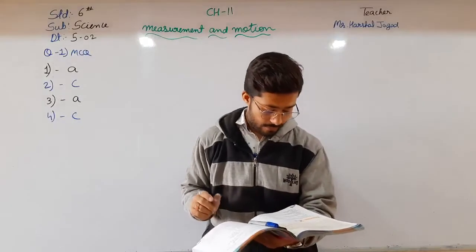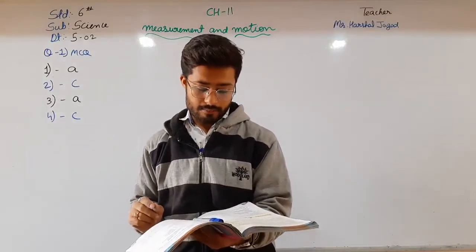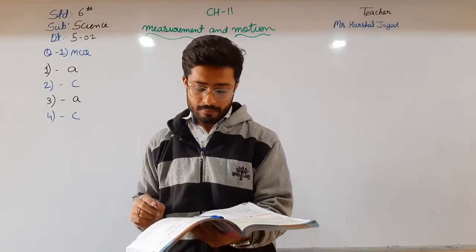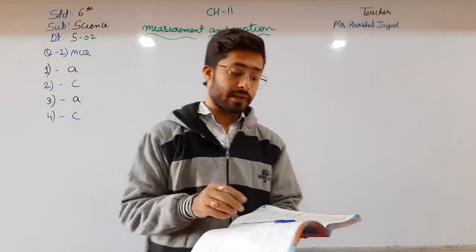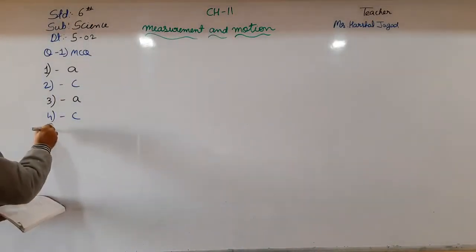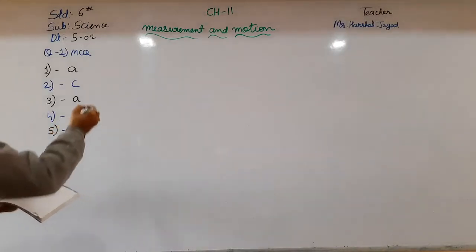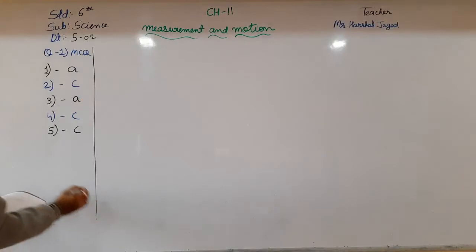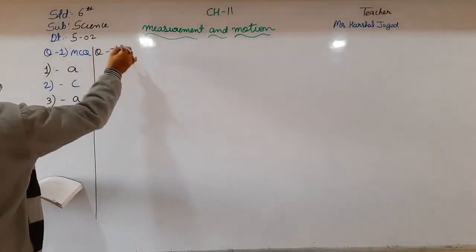Then fifth: the type of motion in which all parts of the body move in the same direction in a given time is translation motion. Fifth one is C, translation motion. Then moving towards question number 2, filling in the blanks.